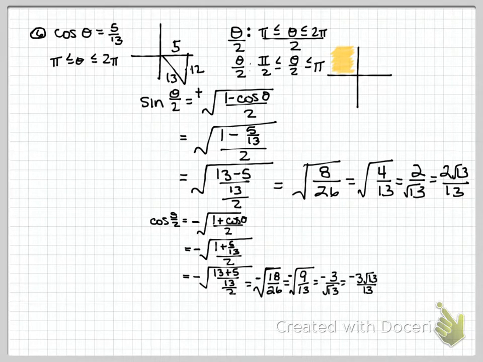Tangent's easy. Tangent is just the sine of the half angle over the cosine of the half angle. Or we could use 1 minus the cosine of theta over the sine of theta. I think since we've already calculated the other two, for tangent it's just easier to do it this way.